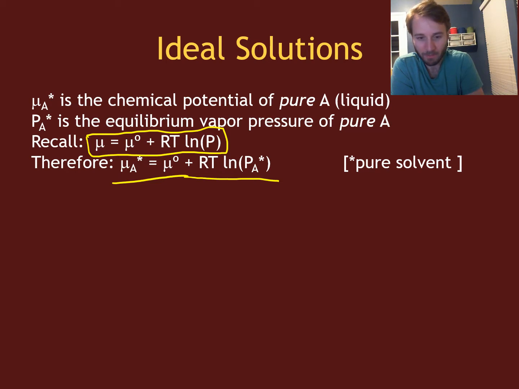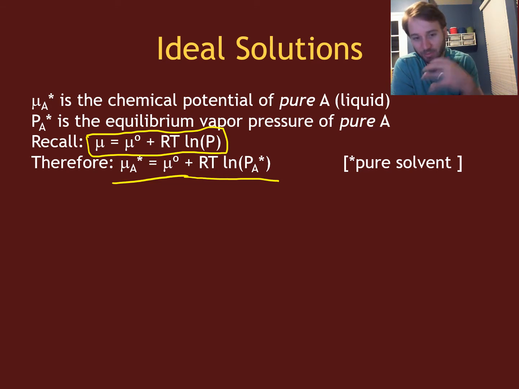And why those are equal is because the vapor pressure that is established above the liquid is related to when the chemical potential of your liquid equals the chemical potential of your vapor.